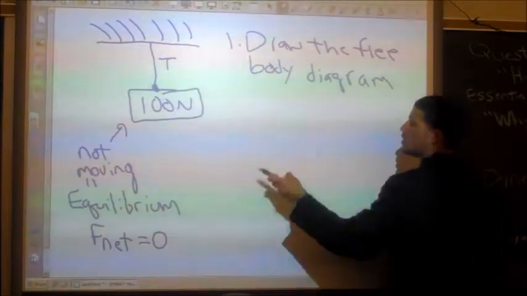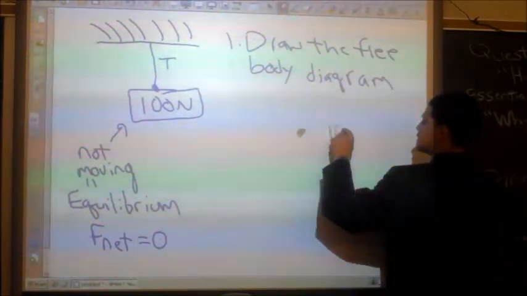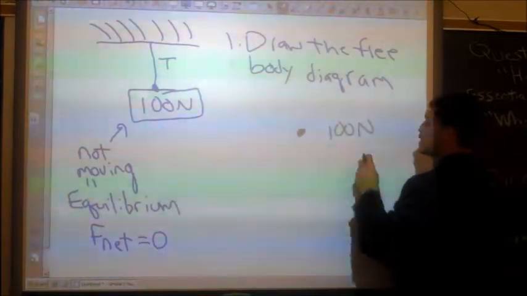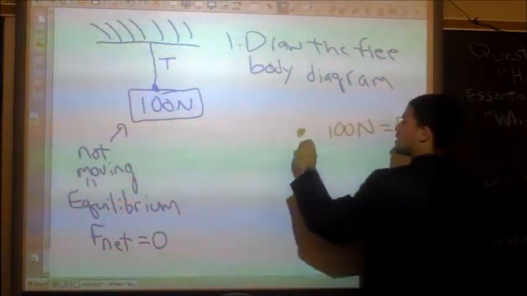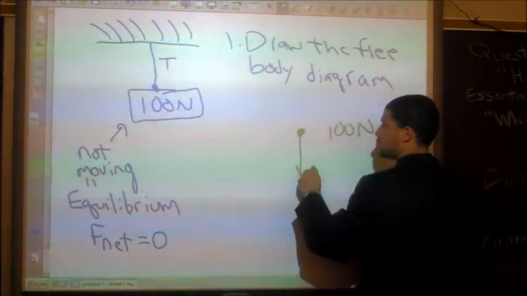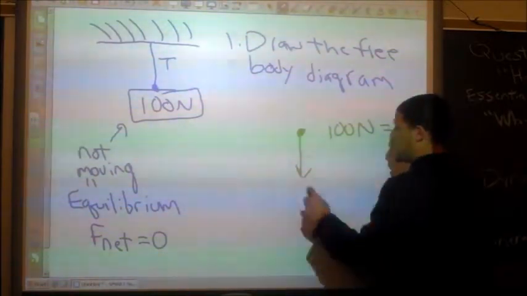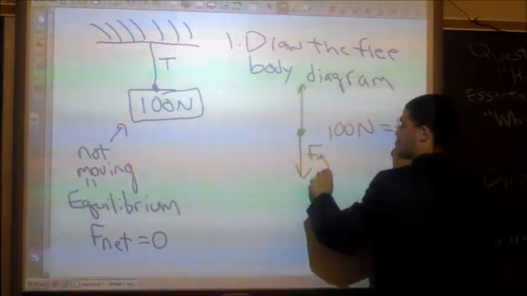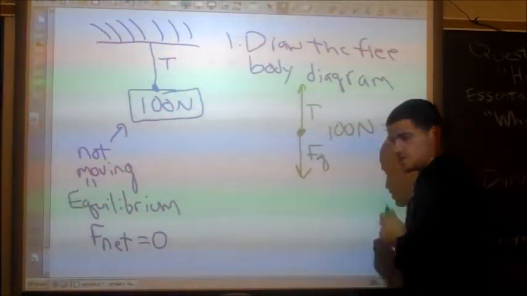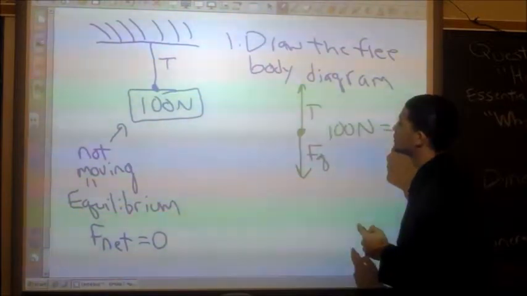In this case, our mass is 100 kilograms, and the force due to gravity makes it 100 newtons. That arrow is going down because gravity is pulling down on it, and we have the force of tension pulling back up on it.